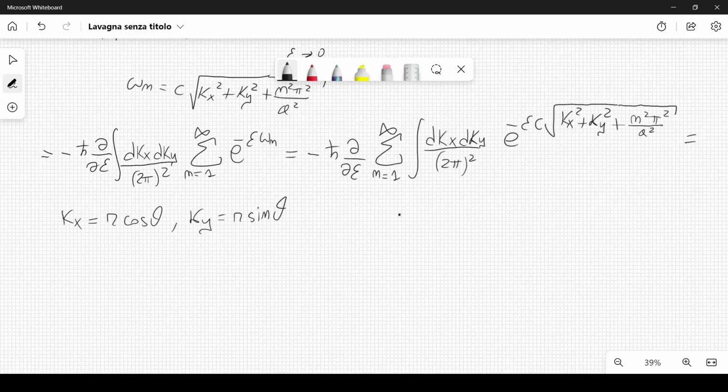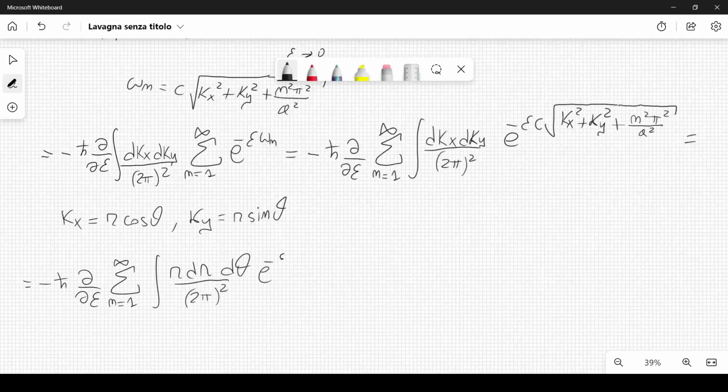So this can be written as minus h bar d over d epsilon, summation over n from 1 to infinity, integral r dr d theta divided by 2 pi squared, e to the minus epsilon c square root of r squared plus n squared pi squared over a squared, like this. Now we can integrate from 0 to 2 pi to get rid of this d theta here, and we will also be able to get rid of one of these 2 pi factors in the denominator.